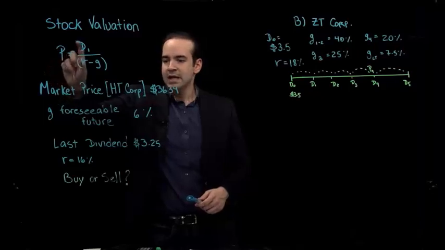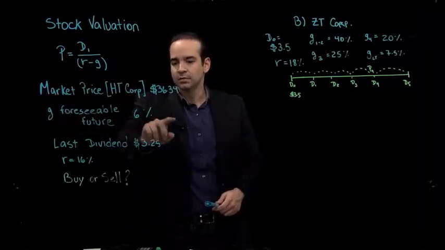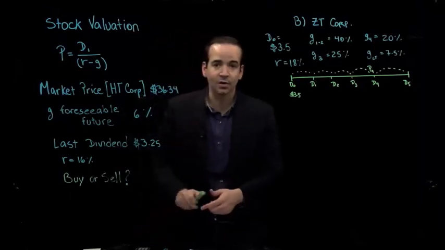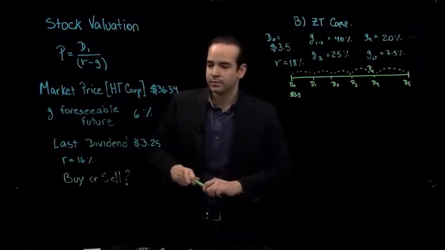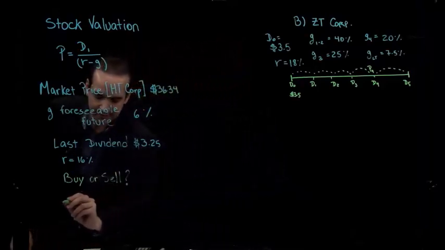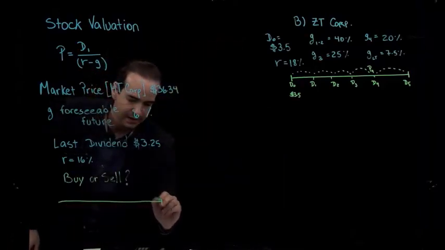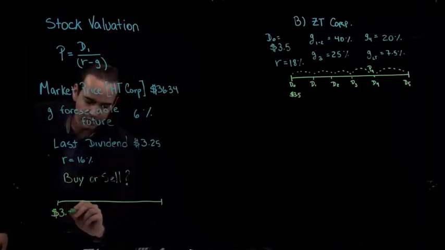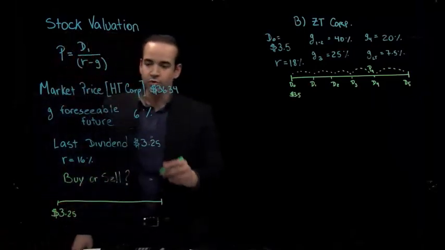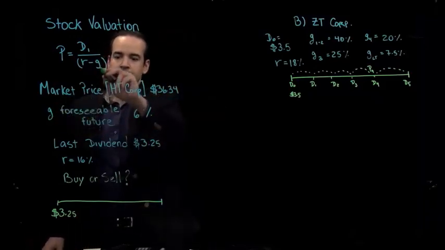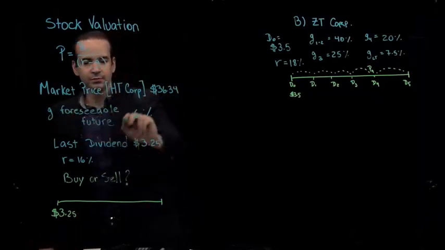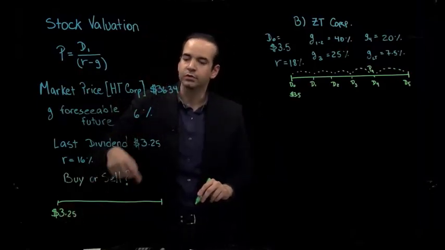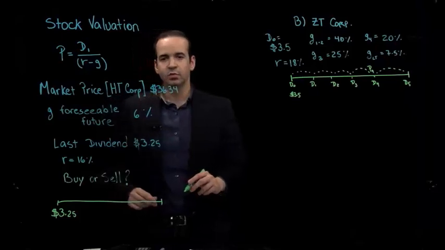So if there is a stock which provided a dividend of 3.25, let's present this in some kind of timeline. You received a dividend of 3.25. And now you are aware that there is a growth rate, or in other words, for the foreseeable future, this dividend is going to grow at a 6% growth rate.